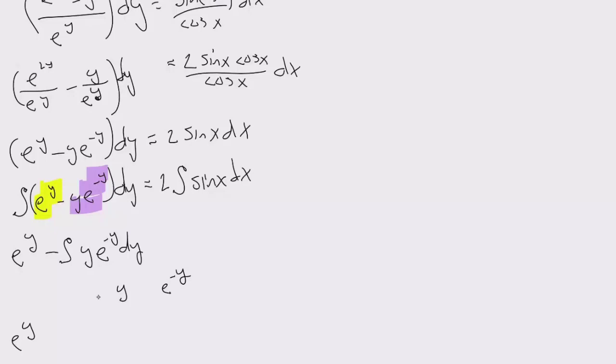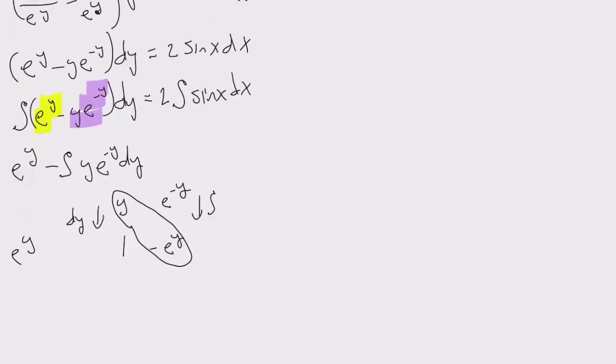I'm going to differentiate this direction, and I'm going to integrate this direction. So that'll give me a 1 there, and that'll give me a negative e to the y. And then I want to focus on the diagonal component for that.